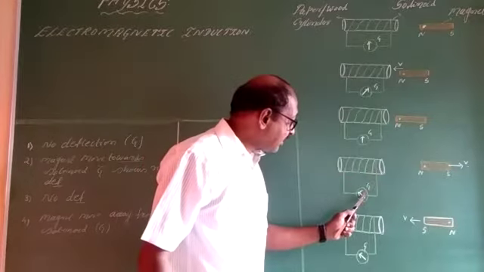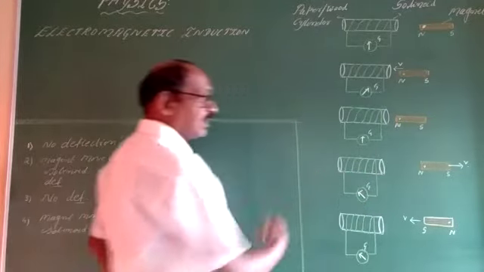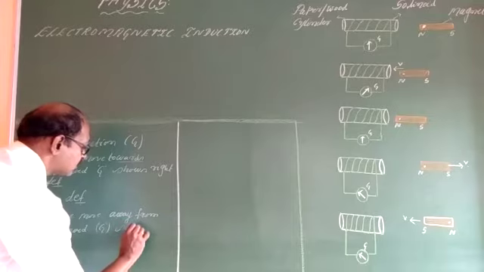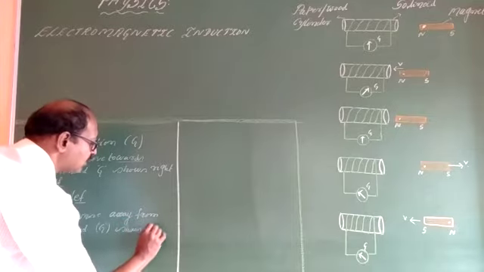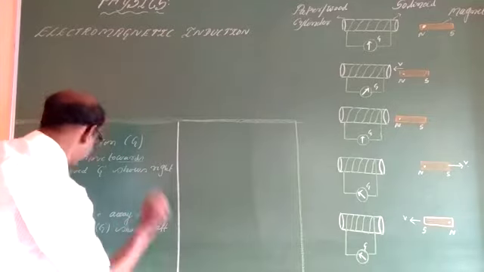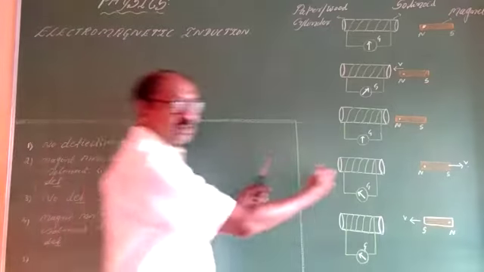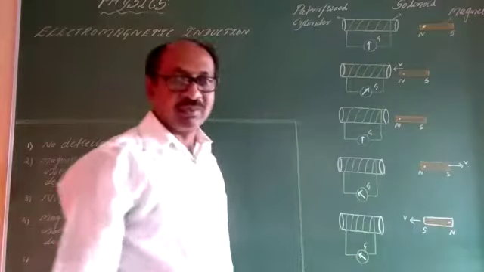The galvanometer needle shows a left deflection. It moves towards the left.